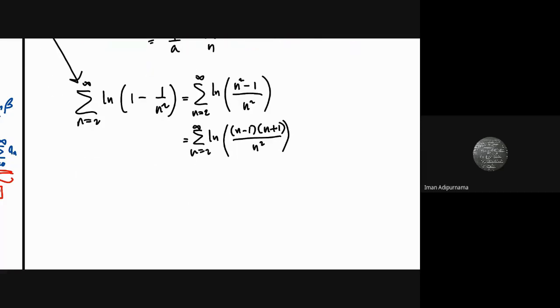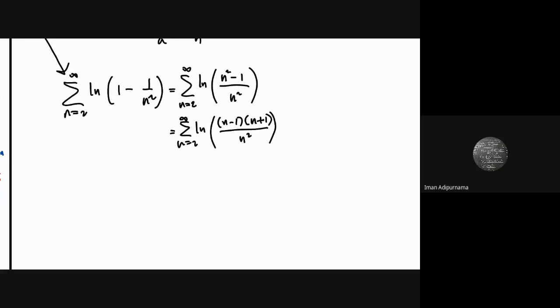And then by using the logarithmic property, let me just write ln n minus 1 plus ln n plus 1, okay, minus ln n squared. Now this n can go here. This 2 can go to the front. So you will have ln n minus 1 plus ln n plus 1 minus 2 ln n.